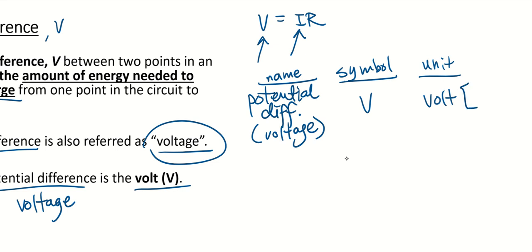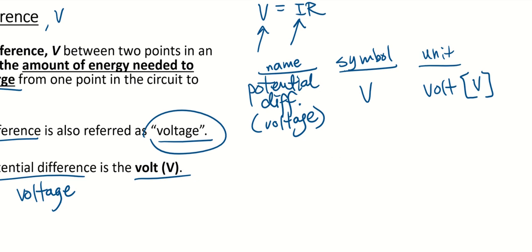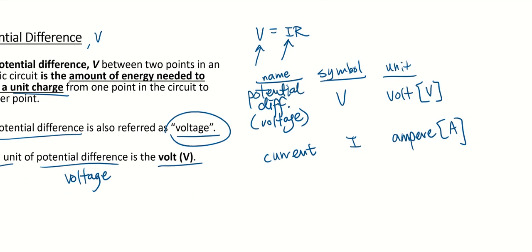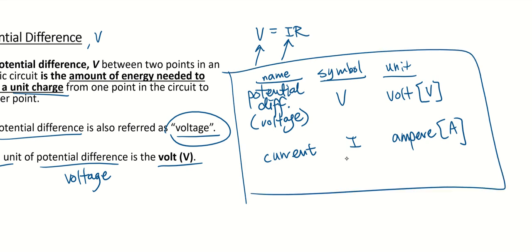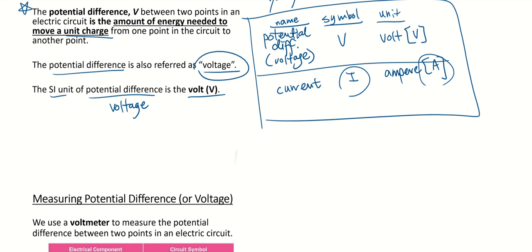And the symbol to represent volt is V. Next we have current. The symbol is I. The unit is ampere, and we use capital A to represent it. So you need to know this. Students always confuse between I and A. They will say current is A. So you need to know this.